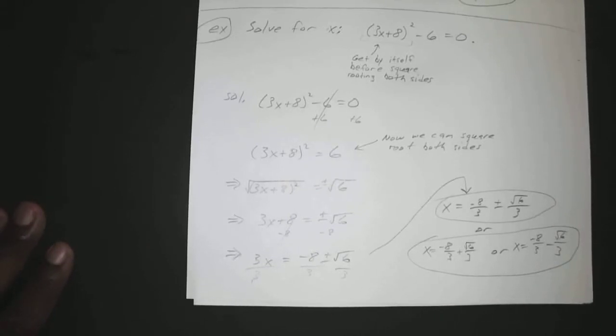So there's a couple of ways you can write it, but all of them are correct. All right. So any questions on this so far? All right. I'll leave that up for a couple more seconds.